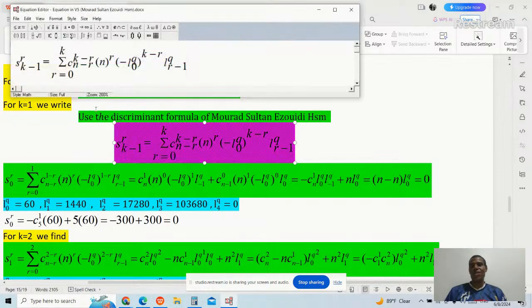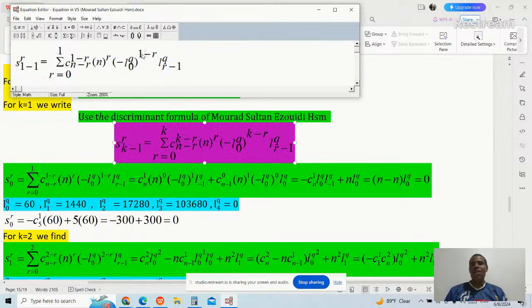You can see this one, learners. I'll replace k with 0. We obtain 1 minus 1, which is S_0 of order r, then the sum from 0 to k, which is 1, so the sum from 0 to 1 of the combination n minus r choose 1 minus r, raised to the power r, minus L_0 of order q. 1 minus r comes simply because k is 1.